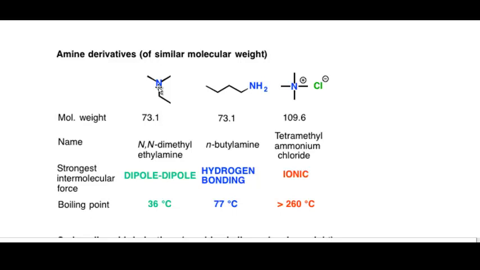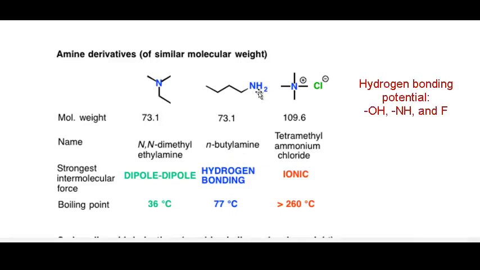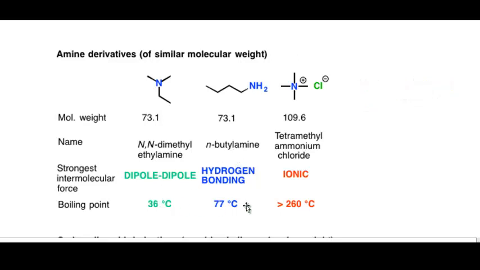And so that is a dipole-dipole interaction with itself, and that will have a boiling point of 36 degrees C. Now, when you start having NH2 with the two hydrogens, the N and the H, that's when you start having hydrogen bonding. So again, look for an NH or an OH or simply a fluorine. So this H that's sticking out, one of the H's, can hydrogen bond with one of the N's of another N-butylamine.